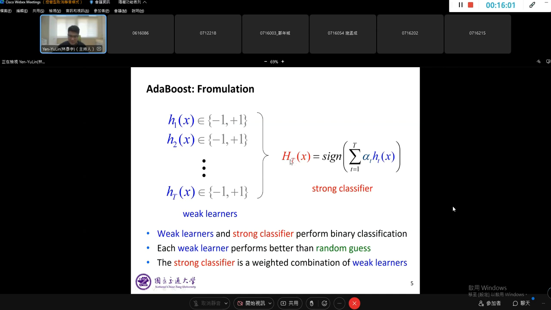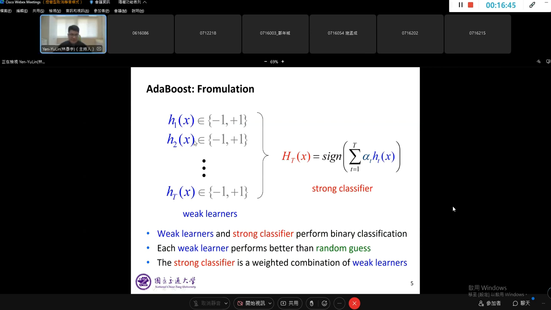So capital T here indicates that there are capital T weak learners merged to construct this strong classifier. And there is a subscript in the weak learner. It is used to index the weak learner. For example, h1 means that this is the first selected weak learner. Similarly, h2 is the second weak learner, and h capital T is the capital T-th weak learner.